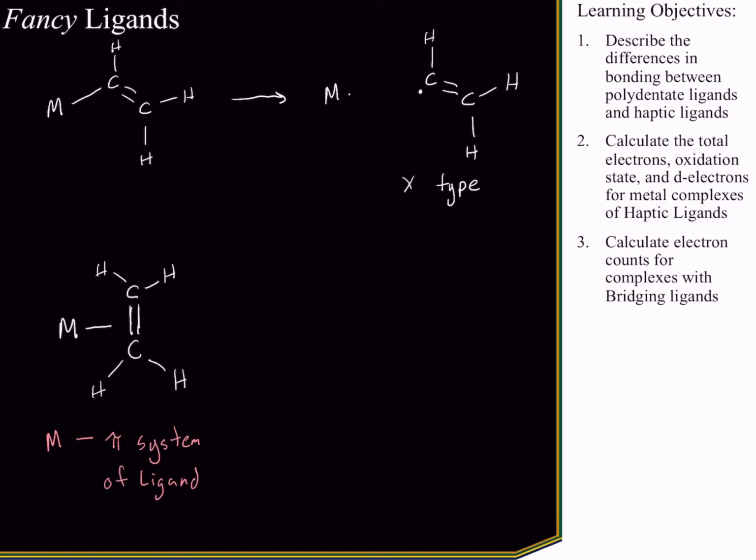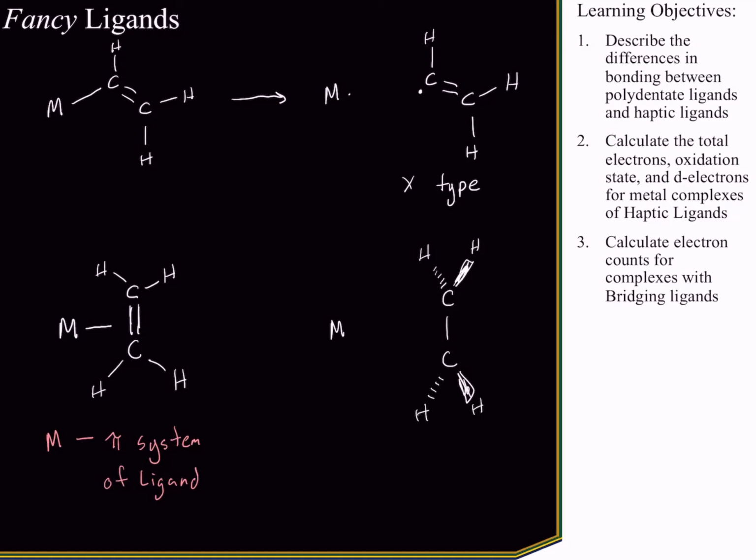If we're going to try to draw the picture of what's happening here, this is not a sigma complex. This is different than a sigma complex because in this picture we have our metal, we have our carbons, and I'm going to try to draw this with some three-dimensional shapes so we can get a better picture of what's happening here, with these hydrogens attached.